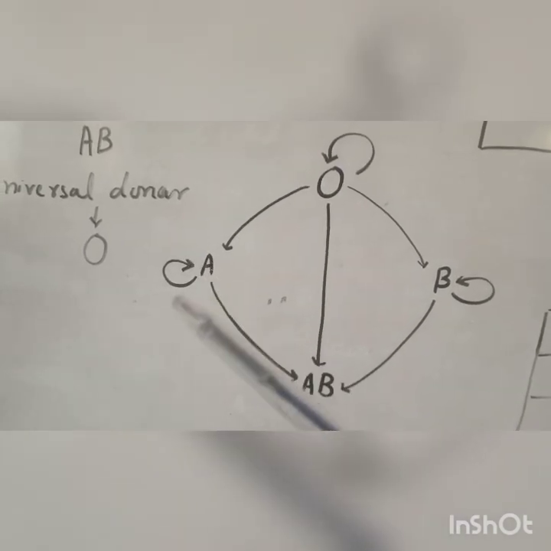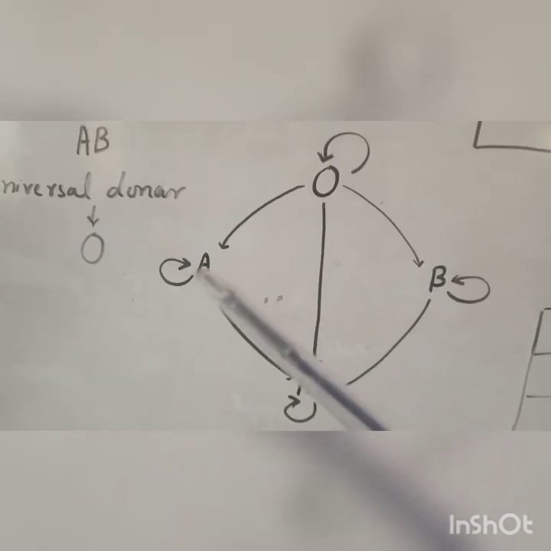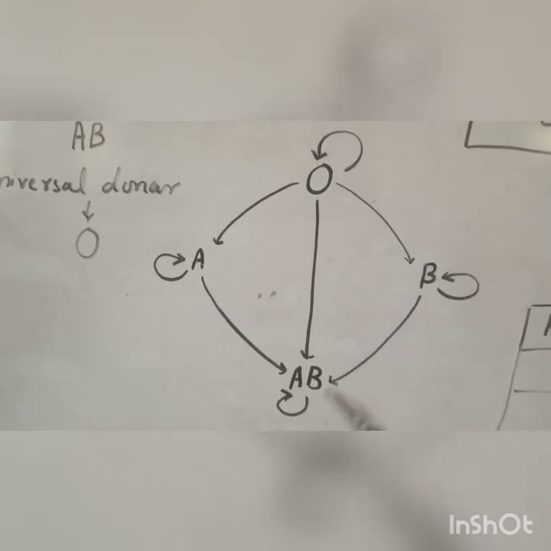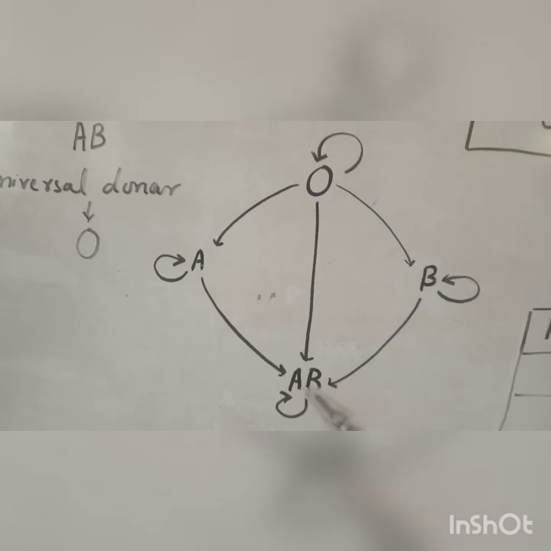While A is transfused to blood group A, O to O, B to B and AB to AB.